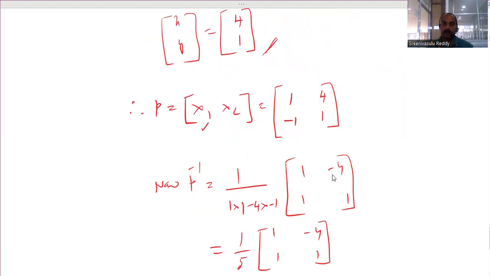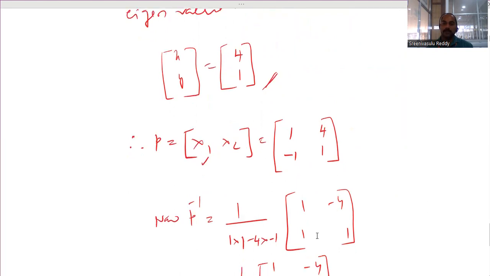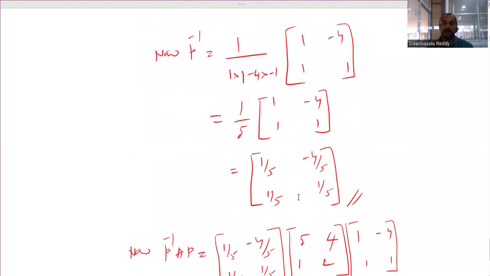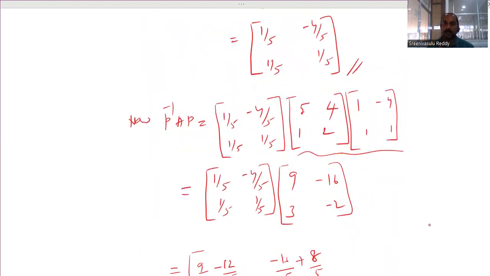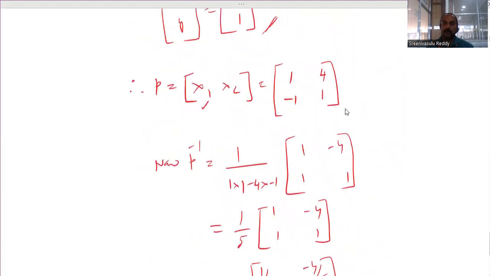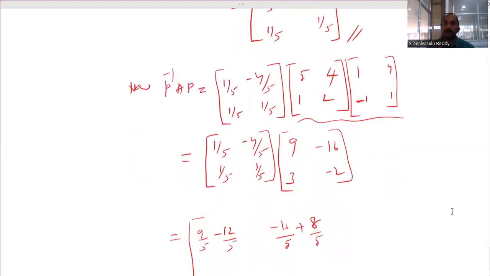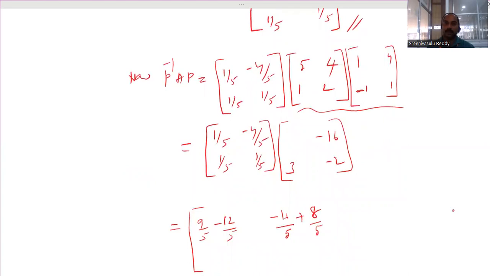P inverse, interchange the matrix: minus 1, plus 1, 1, 1, interchange minus 4, minus 1, okay, 1 by 5. Here I entered the P value as minus 1. I make a small change. Here above plus 4. I entered the P matrix wrongly. Here minus 1.